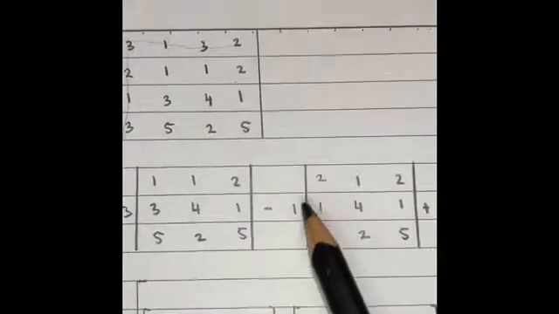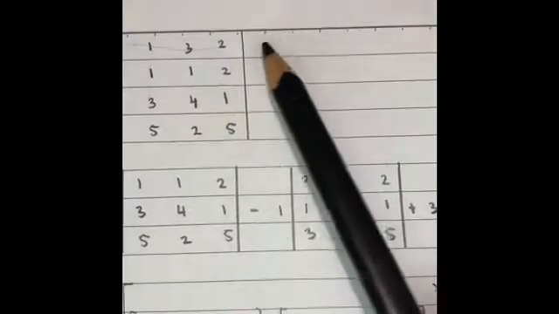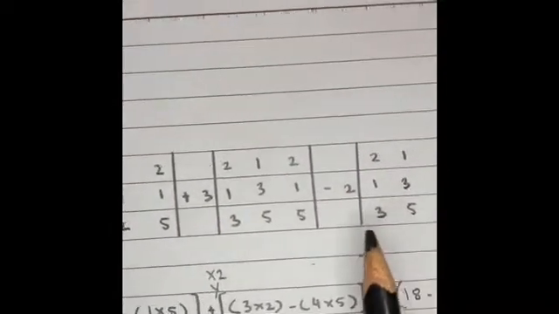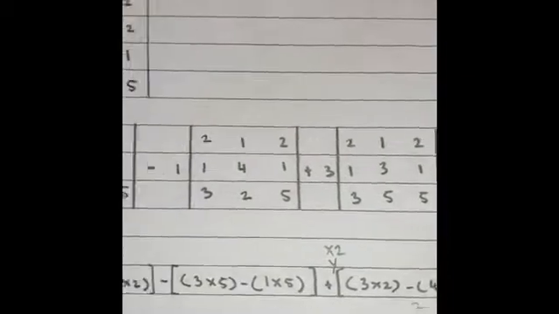So the matrix here is taken from here and here. So we do not take the numbers that are in the row and column that we choose. So it's the same concept for the third and fourth, but alternating positive and negative signs.